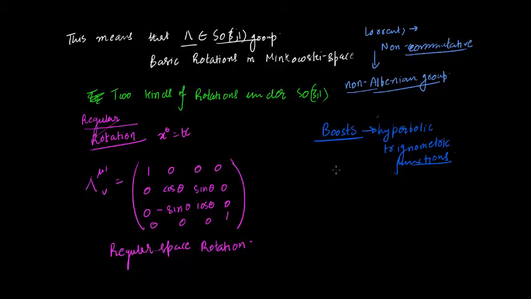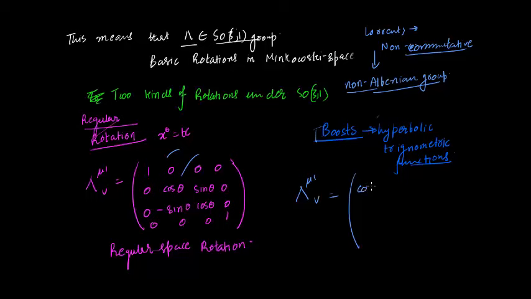Okay, and so now let's study the boost part. In the boost part, lambda can be written as the boost in space and time. Okay, so now we are talking about this part here, this and the other part. So these are the two rows that we'll be talking about, and this time they will be using sinh and cosh hyperbolic functions.